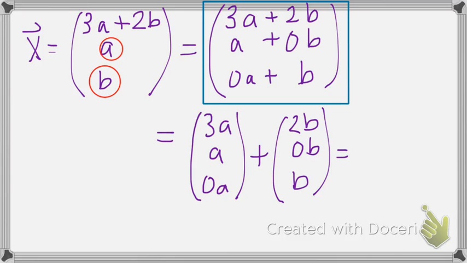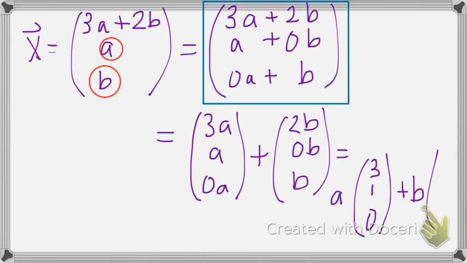So the parametric vector form of this solution would be a times the vector 3, 1, 0, plus b times the vector 2, 0, 1. And this again here is our parametric vector form.